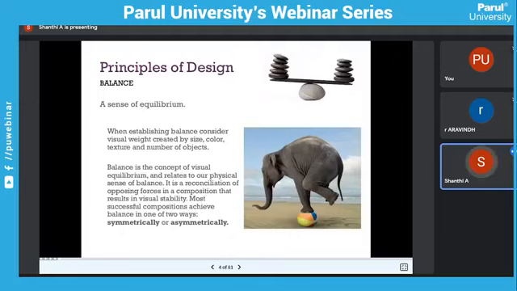Here you can see an image where, in the first image, pebbles are kept on both the extreme ends of a slab, so it is balanced. Balance is where we are putting things in a proper way so that it can be balanced.